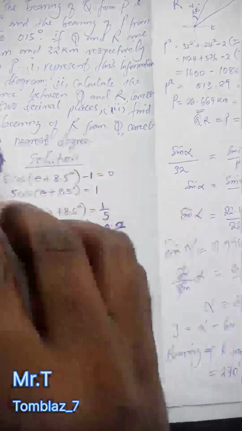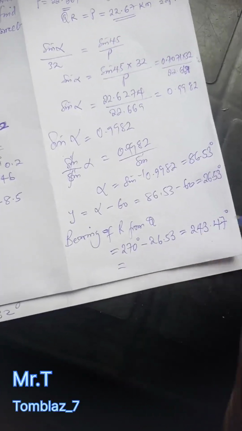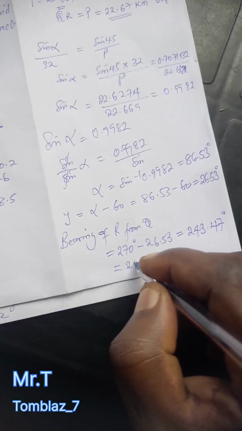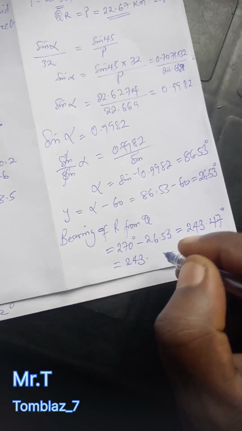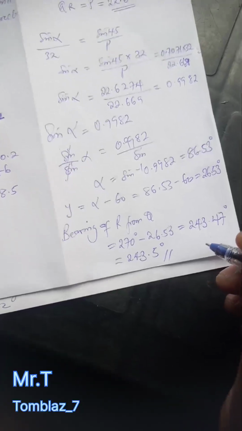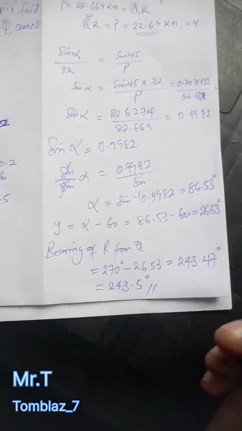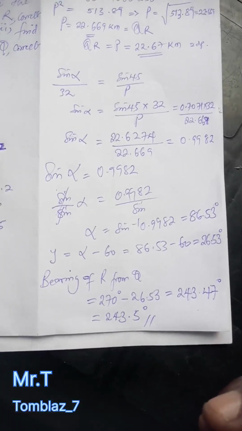But the question said that we should find the bearing of R from Q correct to the nearest degree. So we can put it as 243.5 degrees. That's the bearing of R from Q. Thank you and see you in the next video.